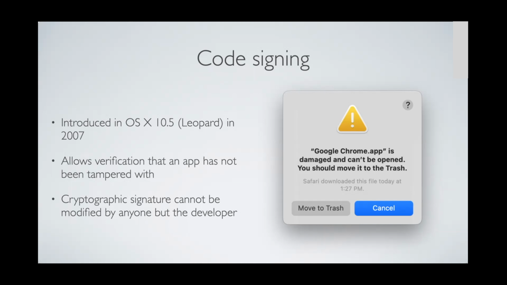Now, the neat thing about code signing is that this is a cryptographic signature. So it really cannot be modified by anyone other than the actual legit developer who created the software. So if you're old school enough like me, you probably remember the days when you might download something and it would give you a long string of letters and numbers called a hash, and you'd have to do something to calculate the hash of the thing you downloaded and compare it to the hash on the website.